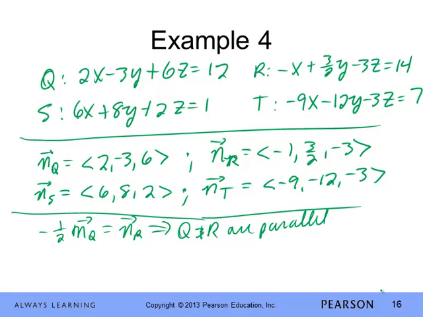And same discussion with S and T. The normal vectors for S and T are, well, if you take half of the normal vector for S and take negative 1/3 of the normal vector for T, then you'd have the same vector.